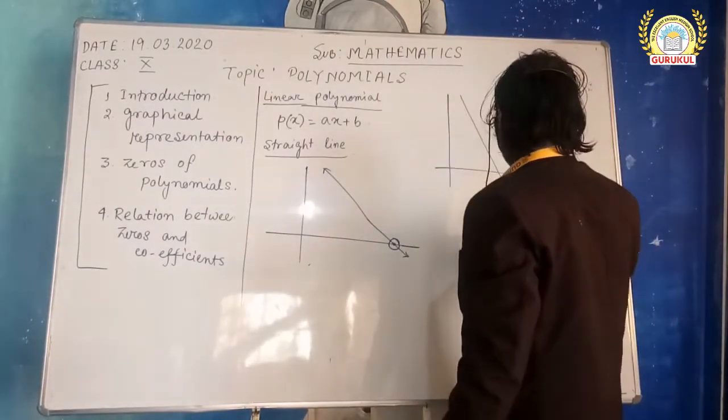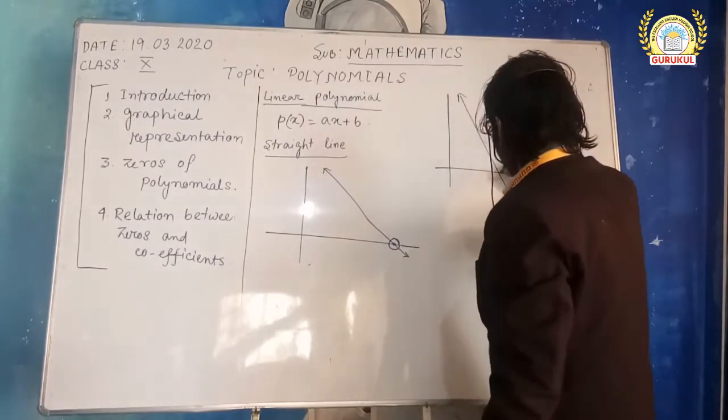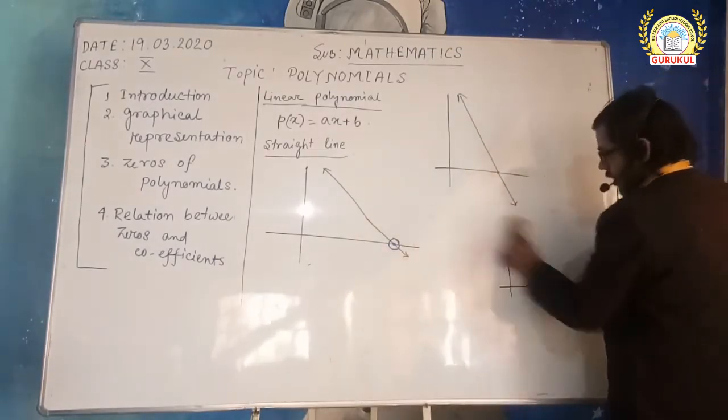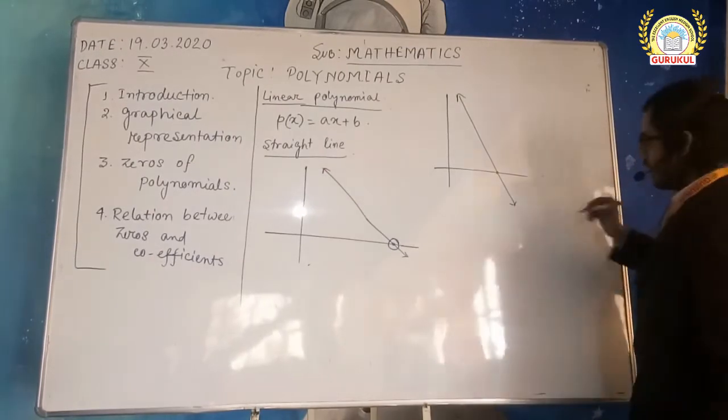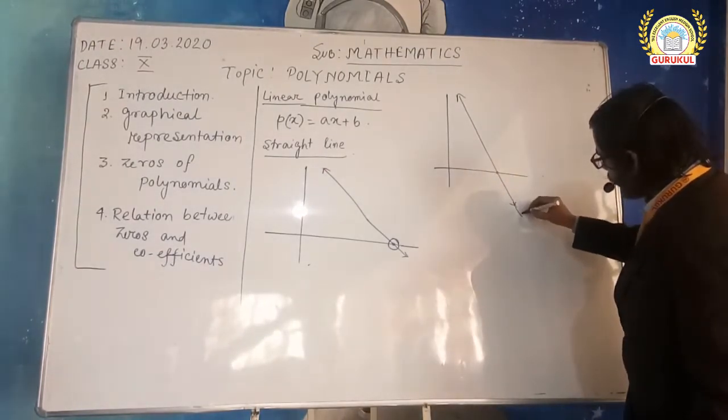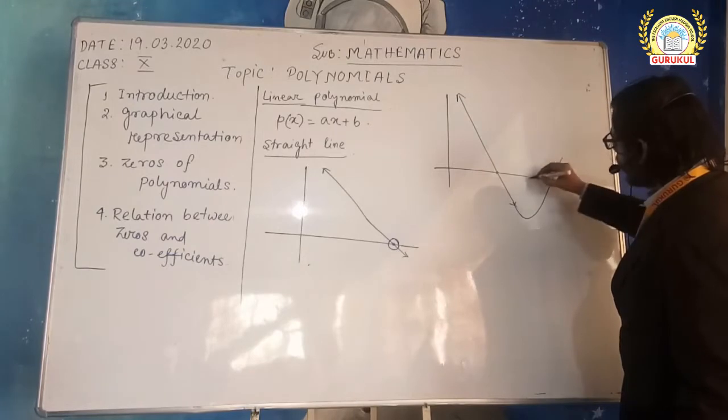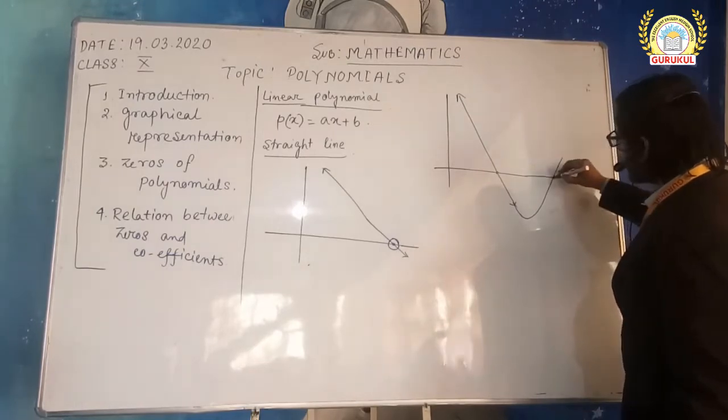This is a straight line and it intersects at this particular point, and then this line moves this way and again cuts the x-axis.